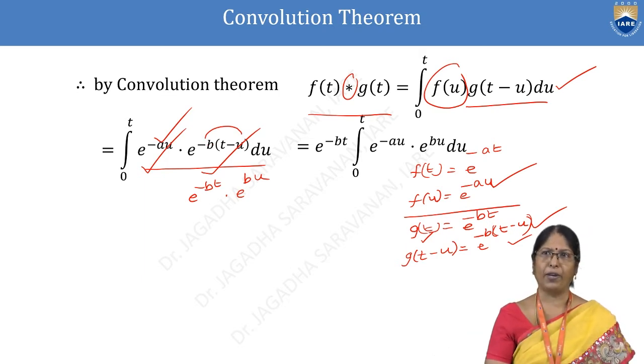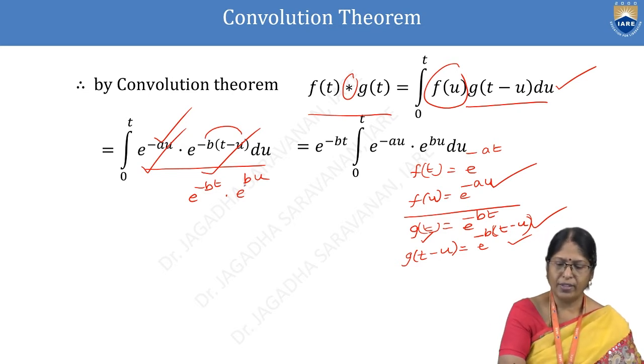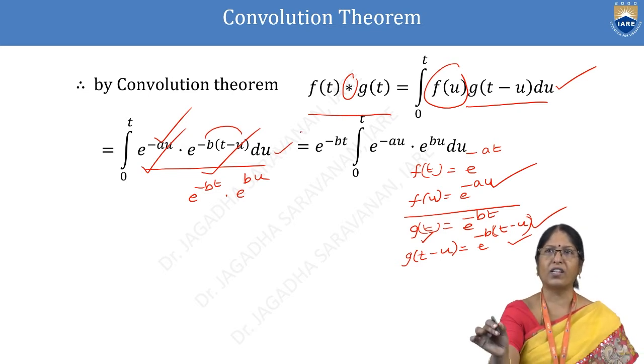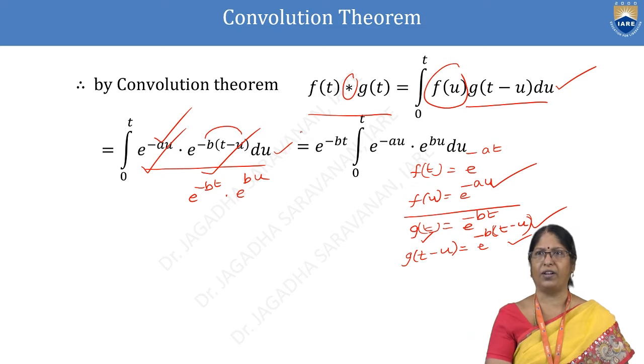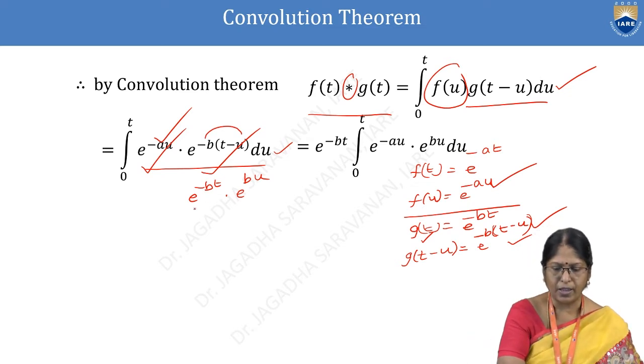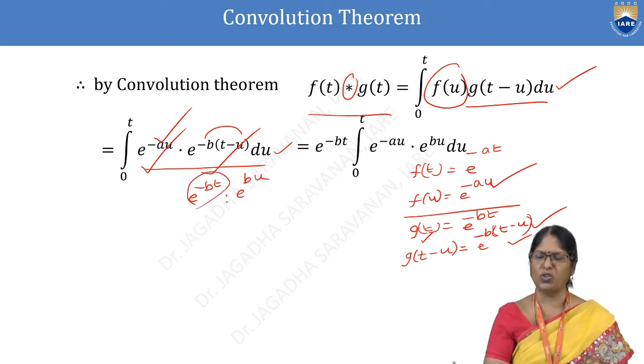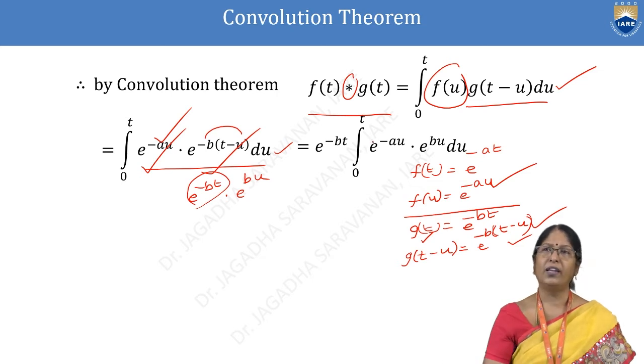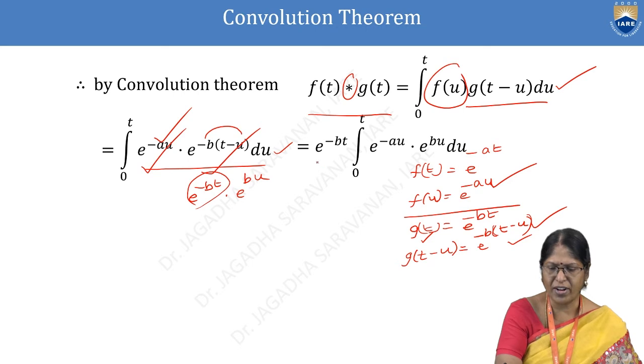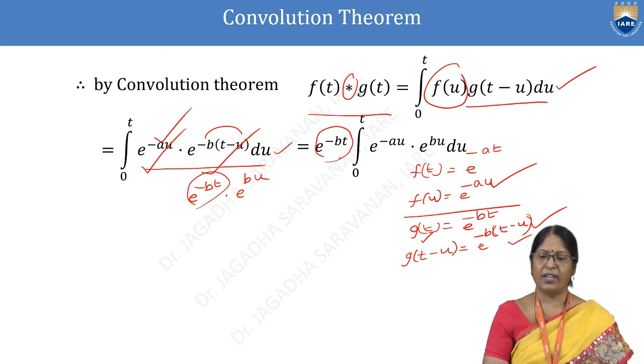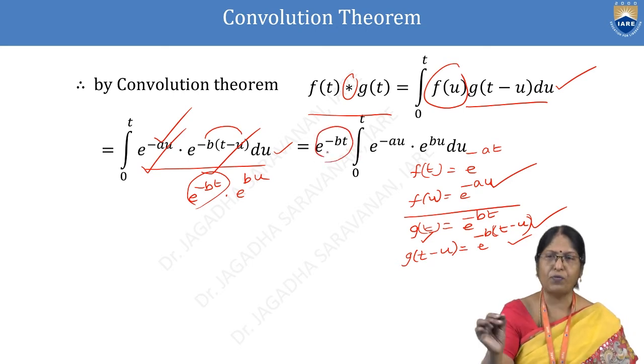We did the multiplication. Now this integration is completely with respect to u that we are concentrating on. So e power minus bt is nowhere connected to this integration part; it is treated as constant. That is the reason we put it in front of the integral.